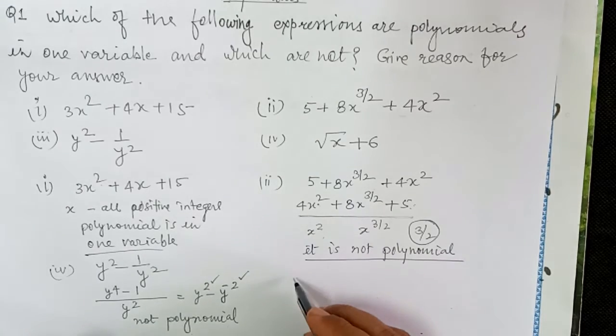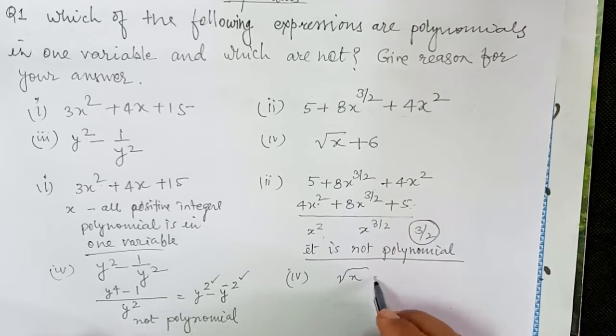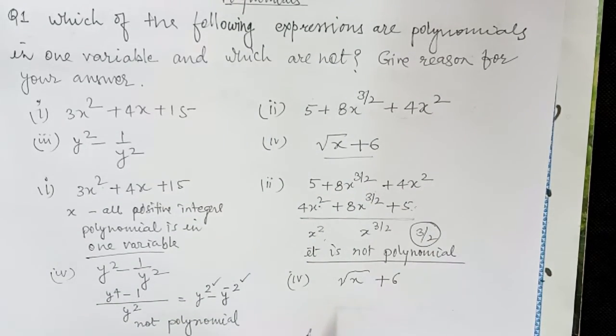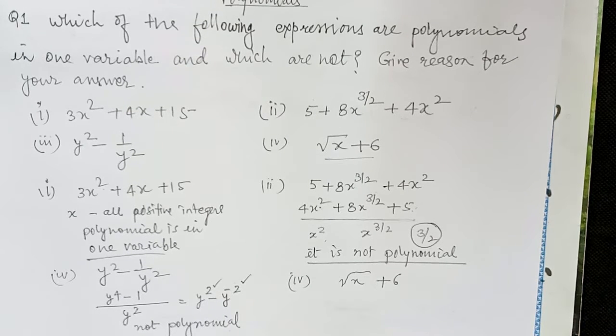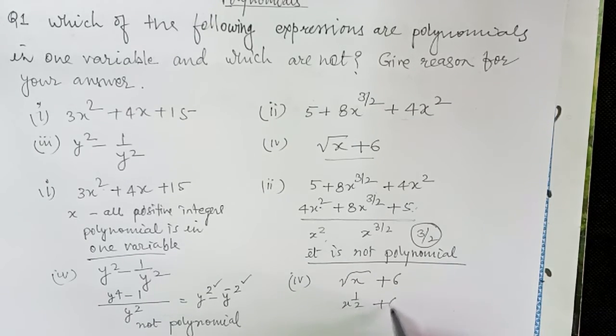Now we'll go with the next question. Here x to the under root x plus 6. This is the question here. Under root x plus 6. If we go through this, under root x plus 6 क्या represent कर रहा है कि यहाँ पे इसकी पावर क्या हो रही है, x to the power 1 by 2 plus 6.